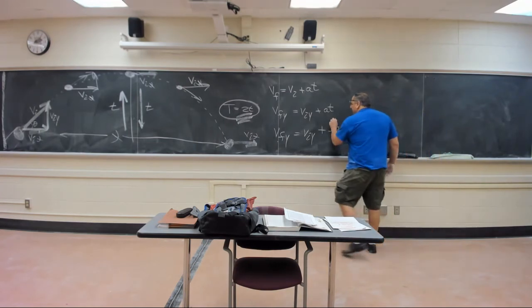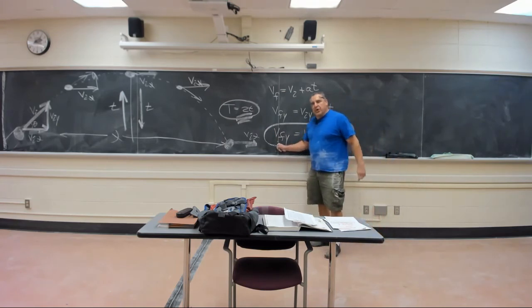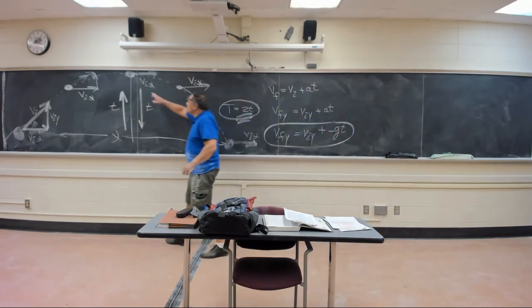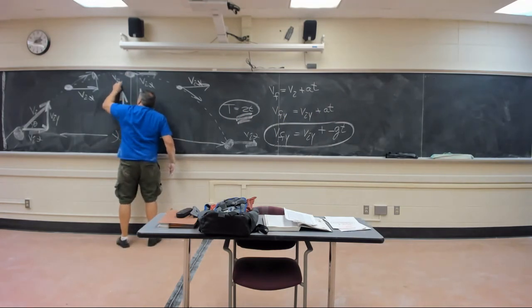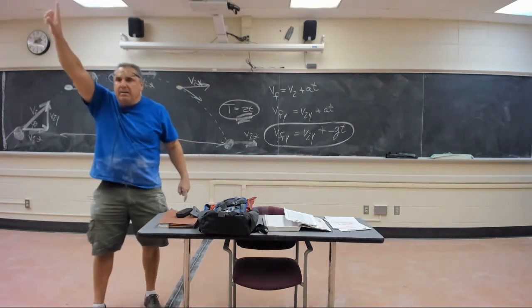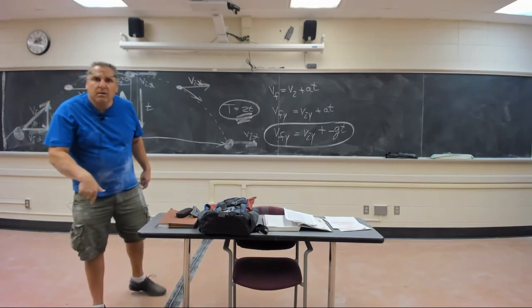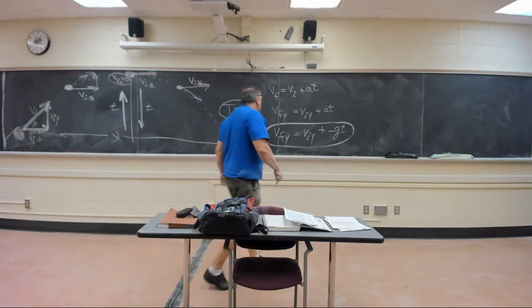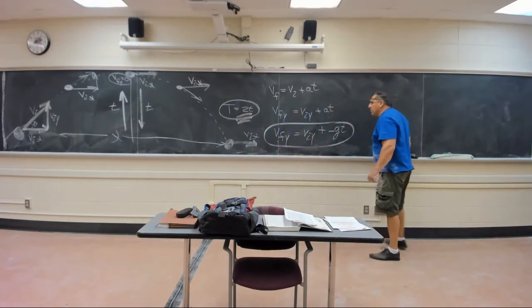At the very, very top of the journey, you understand that VFY equals 0. There is no arrow going up for VFY, nor is there an arrow going down for VFY. At the very top, it's 0.